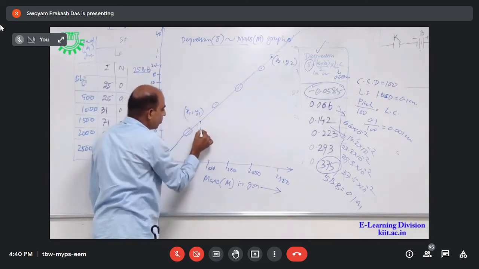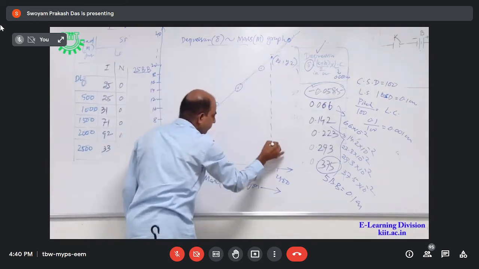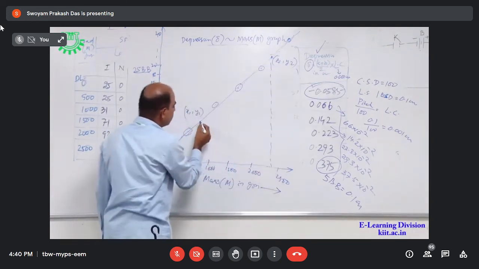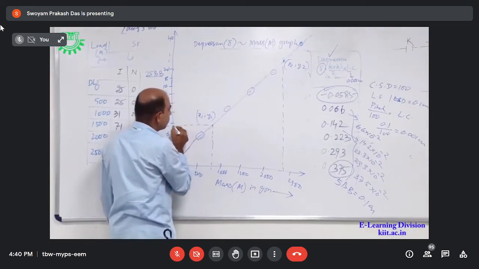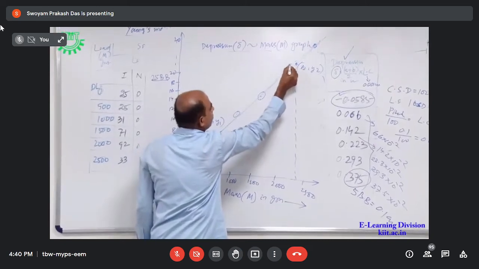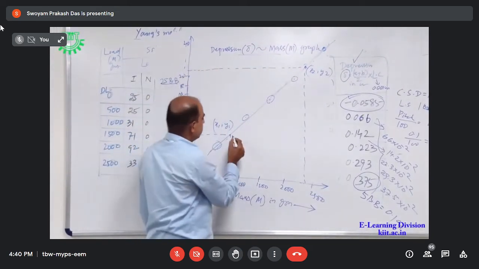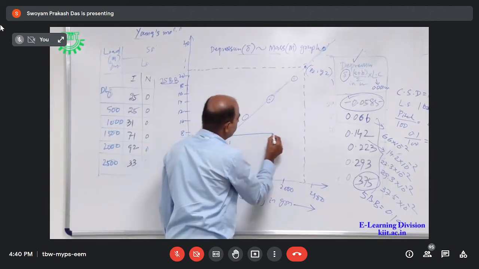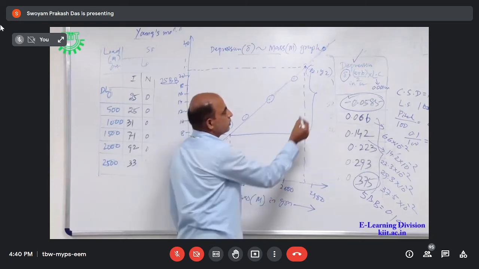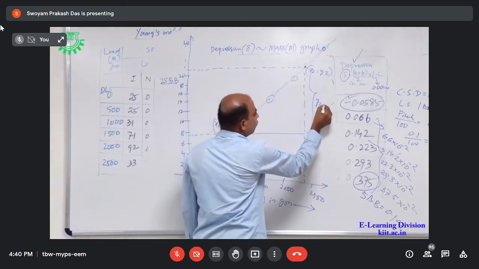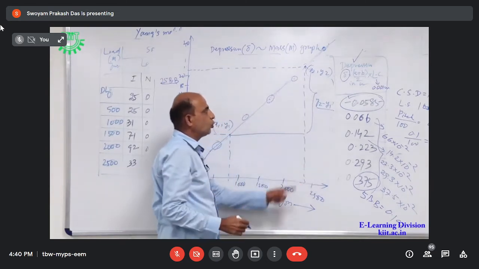So I will draw a normal to the x-axis from both points, and from this point again I will draw the normal to the y-axis. So this value, that is y2 minus y1, this is the slope.